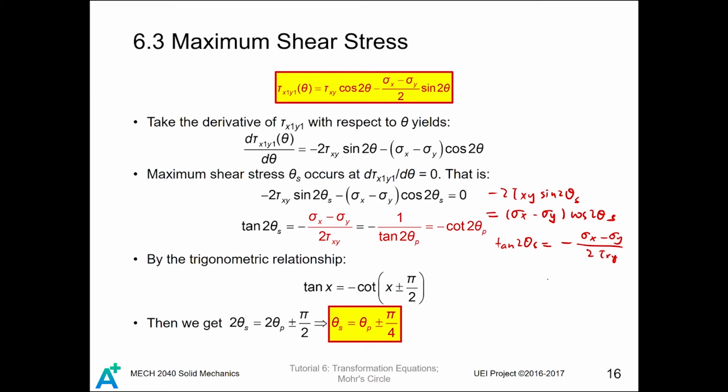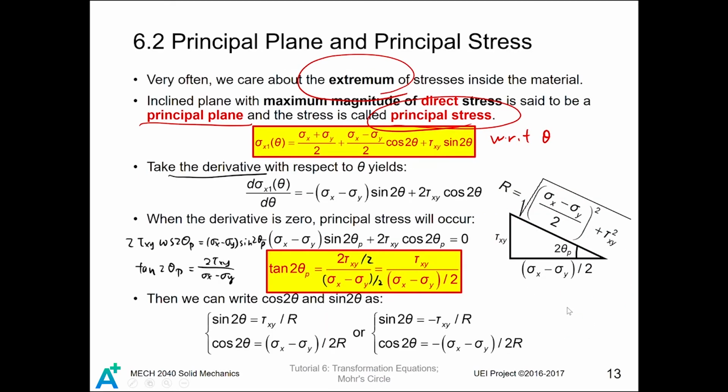It just equals to minus (sigma x minus sigma y)/2 over tau xy. Let's compare this result with what we have got just now. Just now, we got tangent 2 theta p equals tau xy divided by (sigma x minus sigma y)/2.